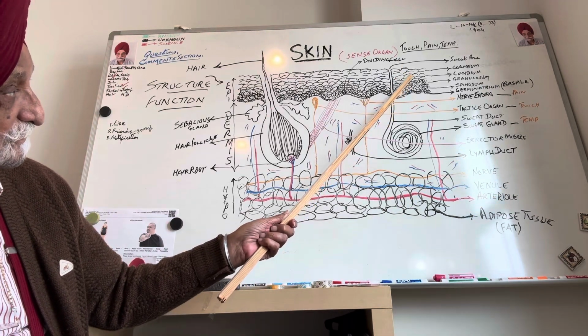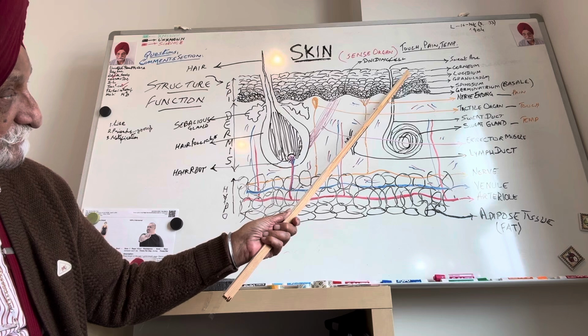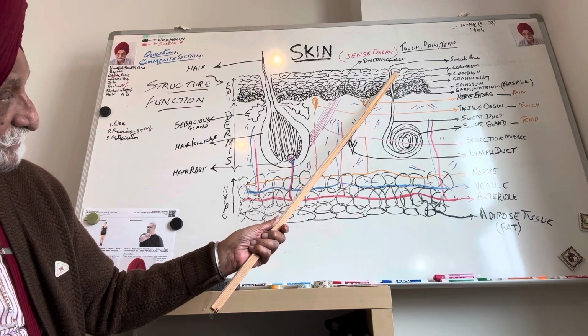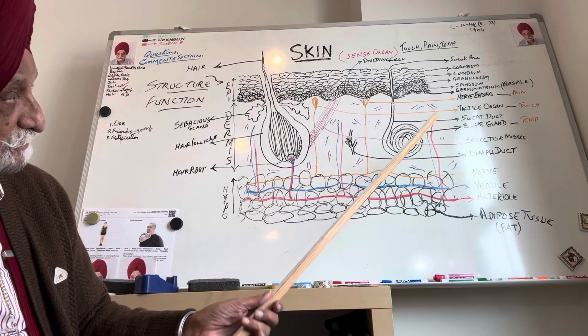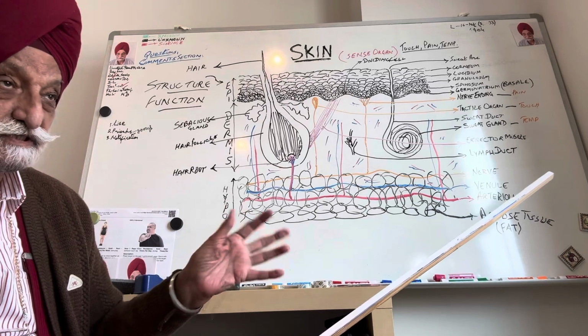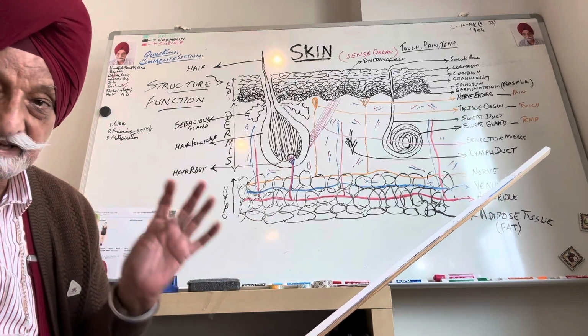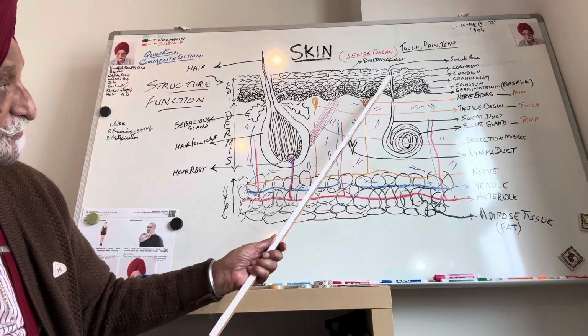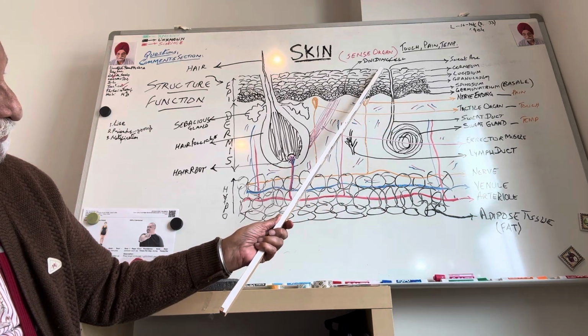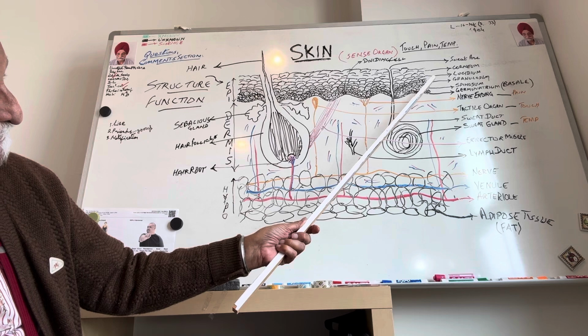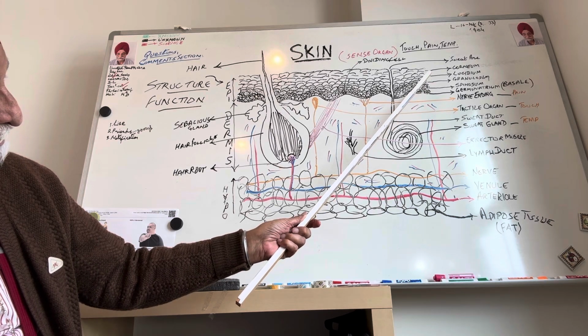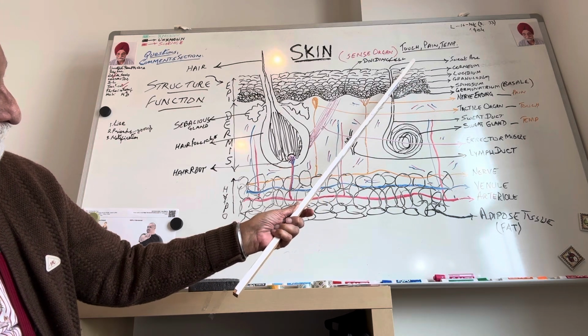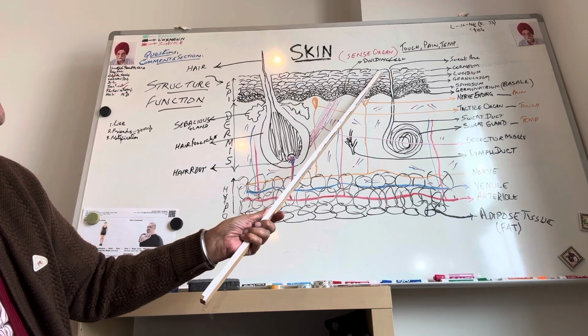And then there is the layer called the lucidium. The cells here become lucid, transparent, and having no structure. They are actually dead cells, and they are gradually thrown off as the coronium, the uppermost cells.